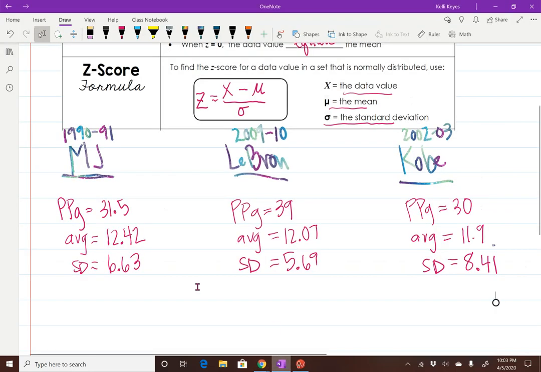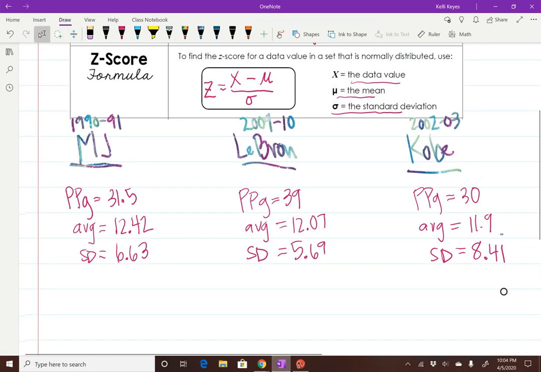So what I did is I found their average points per game that year. I found the average of the NBA, and then I found the standard deviation of the NBA for that year. So by finding the z-score of each one of these, we are simply comparing them to other players from that year.